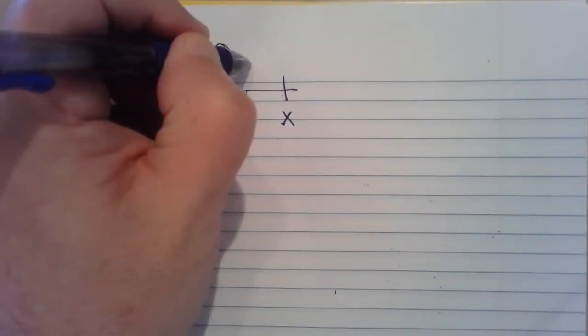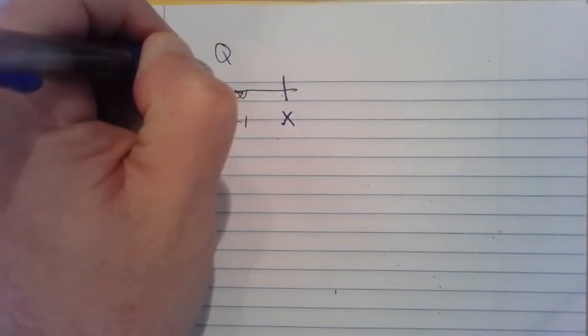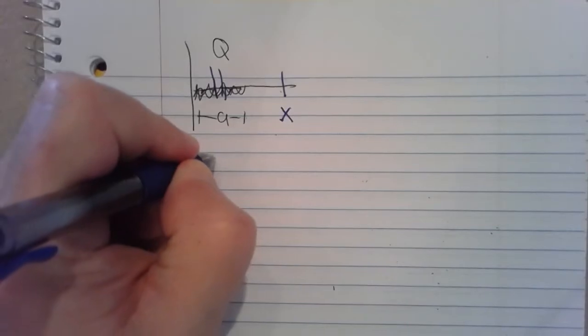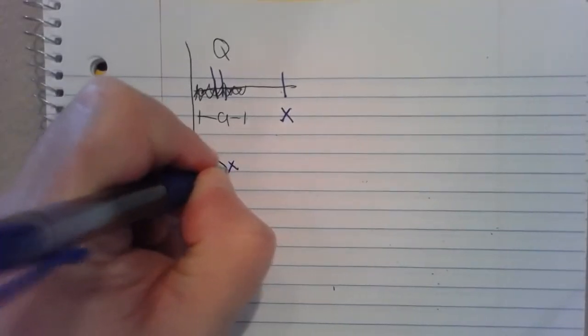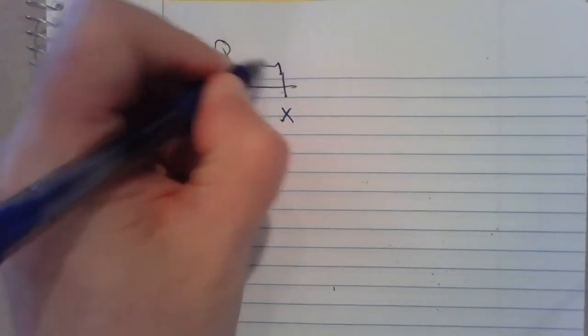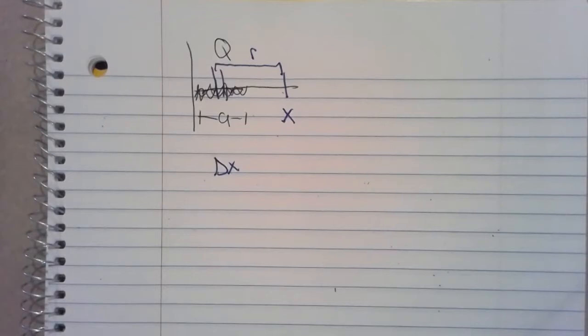Okay, the key to this problem is we're going to take a little slice of this, call that a little delta x. And then we're going to define the distance from that slice to x, we're going to call r.